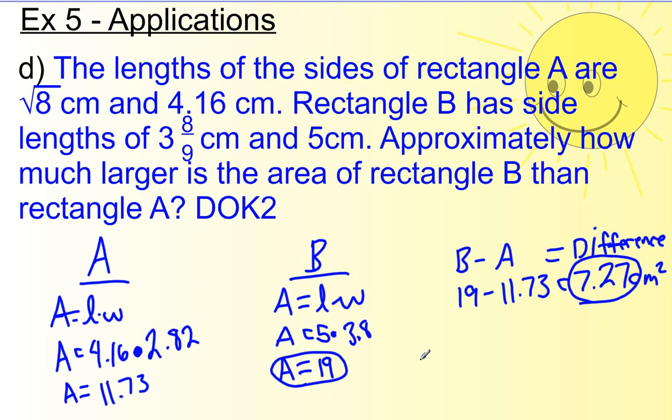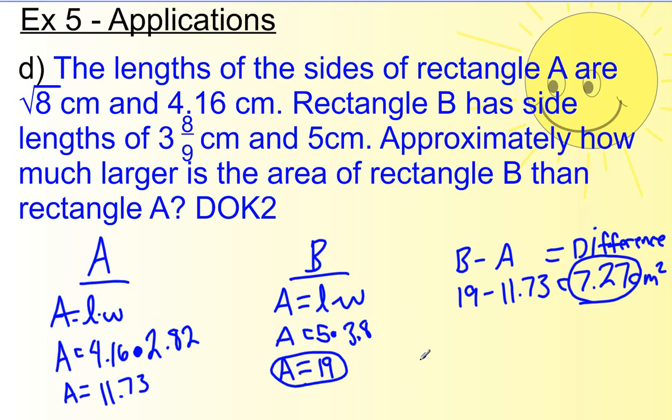So we found the area of rectangle A by using the area formula and estimating the square root of 8. We found the area of rectangle B by using the area formula and estimating this 3 8/9. We then said that rectangle B is larger. Obviously, 19 is bigger than 11.73.